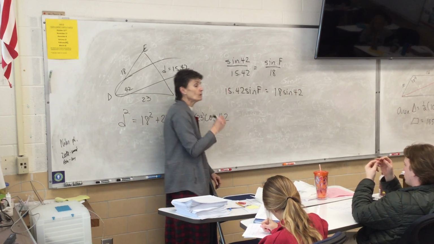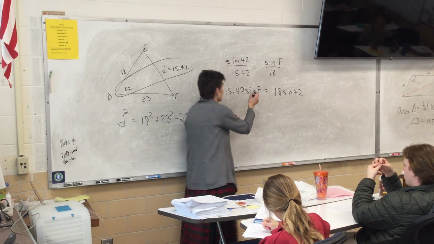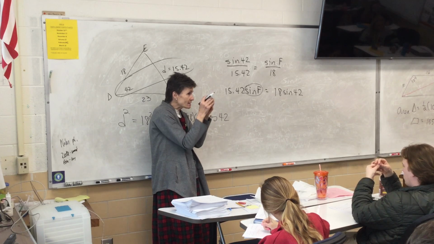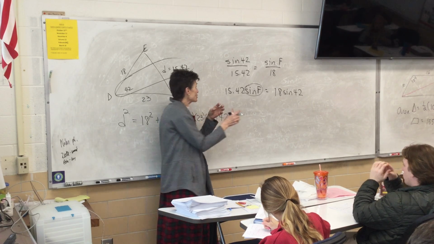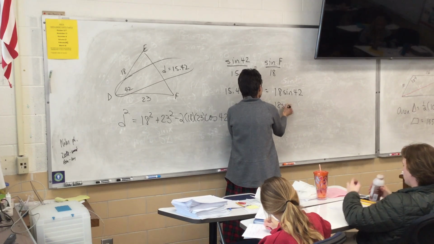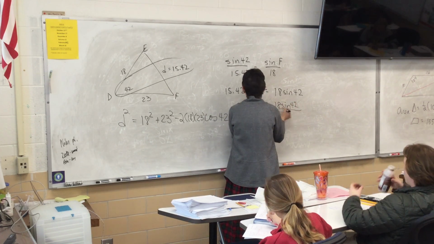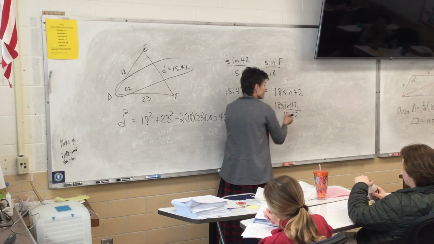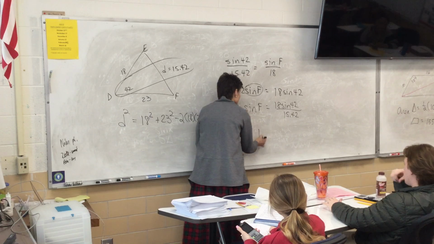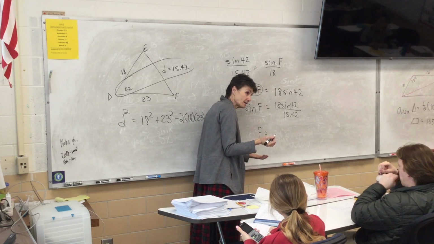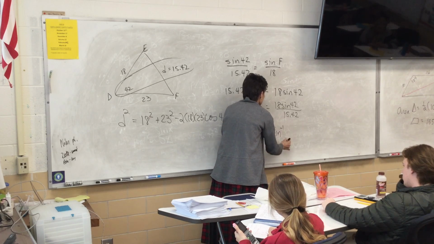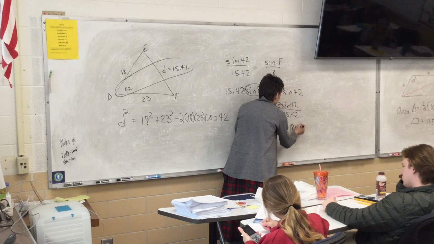Now be careful, what's your variable? Sine f, that's a unit. You can't split that. So sine f equals 18 sine 42 over 15.42. But then to get f, which is what you need for your answer blank, you have to take the inverse sine of this fraction.